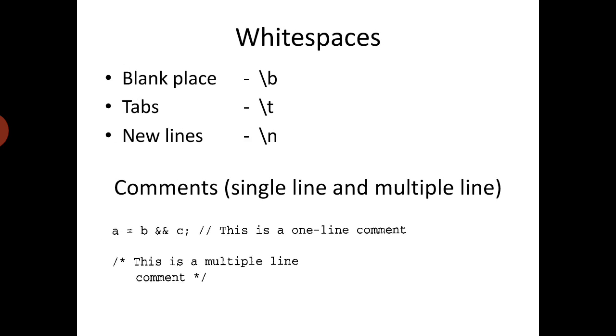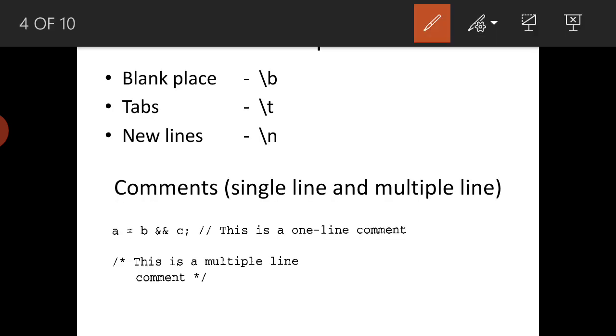White space is nothing but these three that we are seeing here: the blank space, tab, and new line, that is backslash b, backslash t and backslash n.